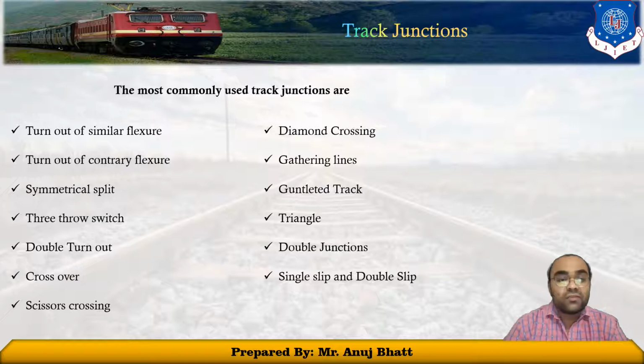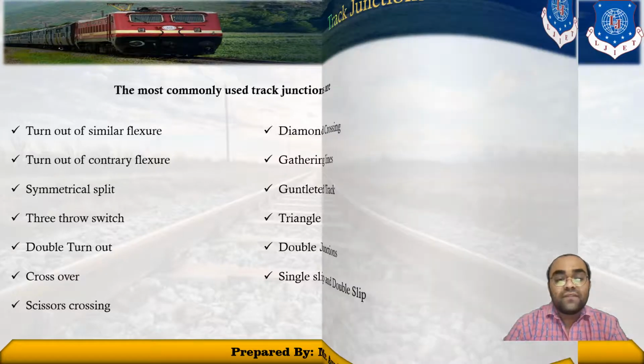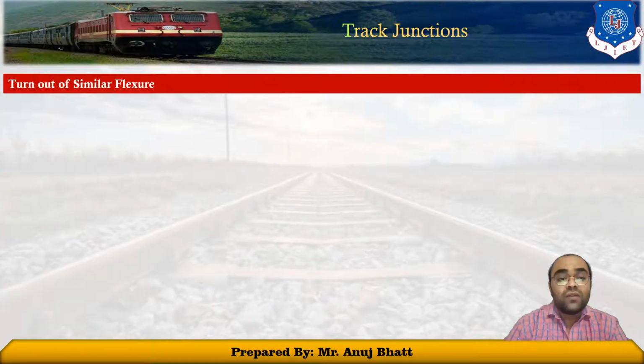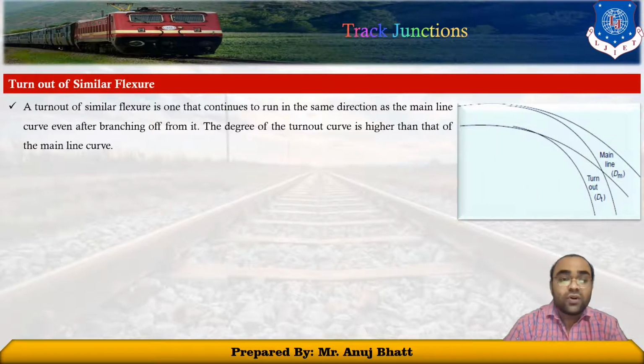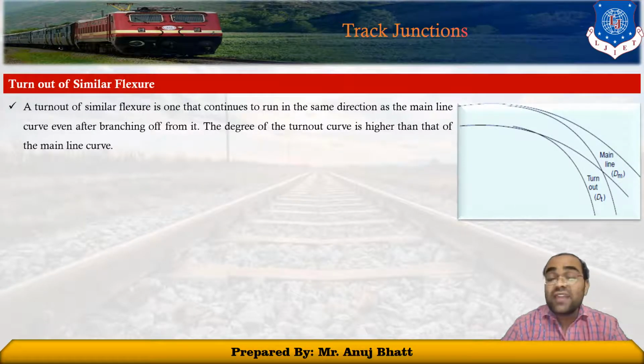So let's discuss those. The first one is the turnout of similar flexure. A turnout of similar flexure is one that continues to run in the same direction as the main line, even after branching off.